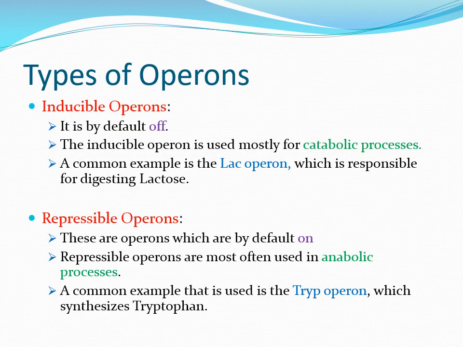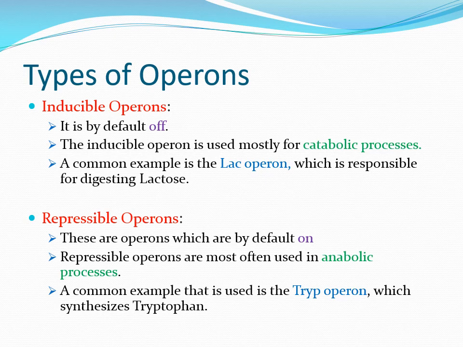Now there are two types of operons. The inducible operons, which are by default off. Now, one thing I would like to say before this is that the metabolic processes can be categorized into two categories.